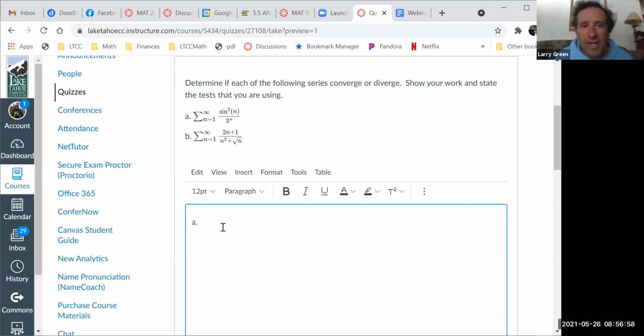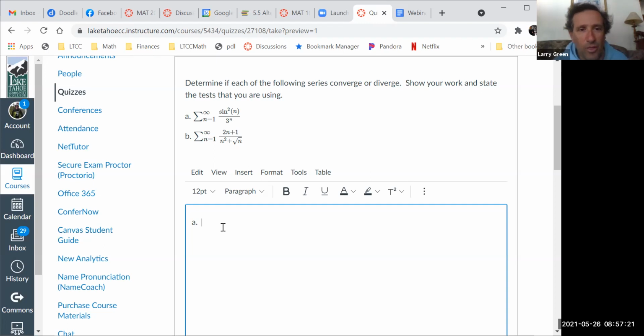So what does part A kind of look like? Yeah, it looks like 1 over 3 to the n, because the important thing is sine squared of n is positive, and it's never bigger than 1.